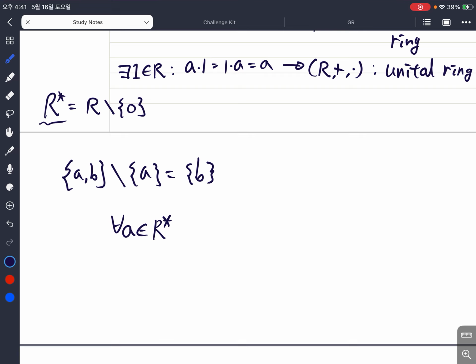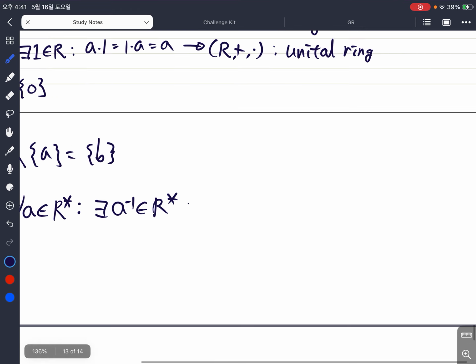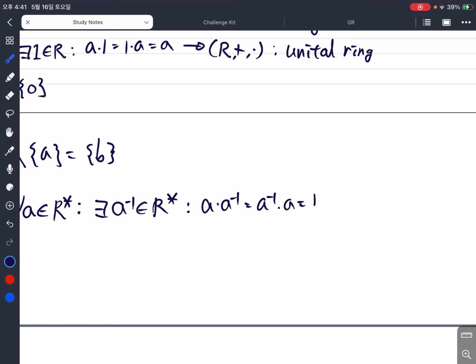It means except 0, there is an inverse, such that A inverse A is just, sorry, the identity, which was 1.